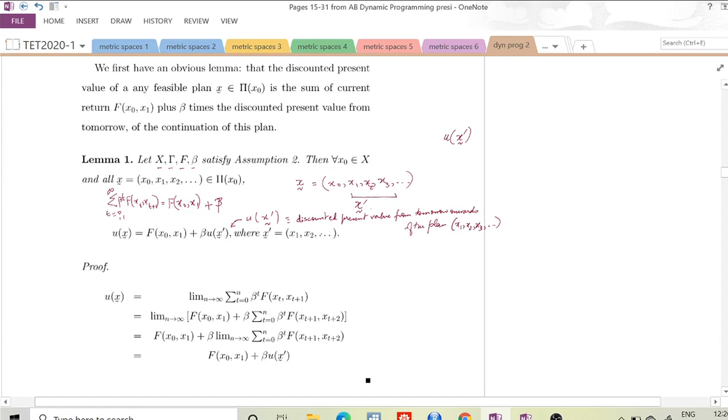And when put that way, it seems to make eminent sense, right? But I also want to write u of x tilde prime explicitly in notation.